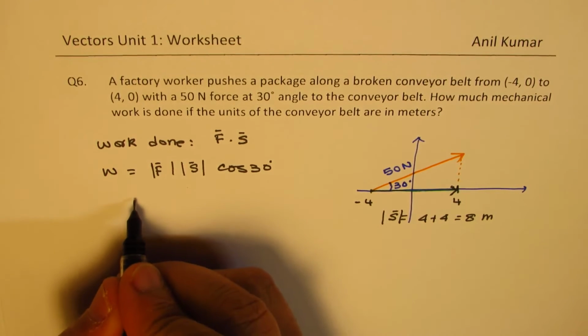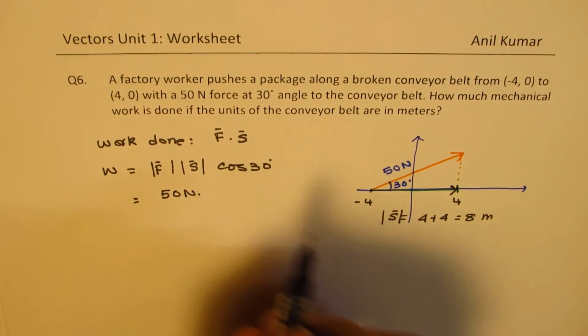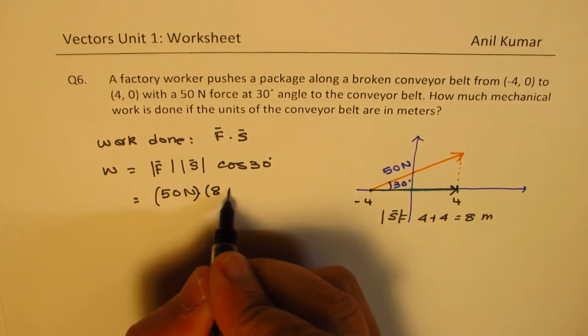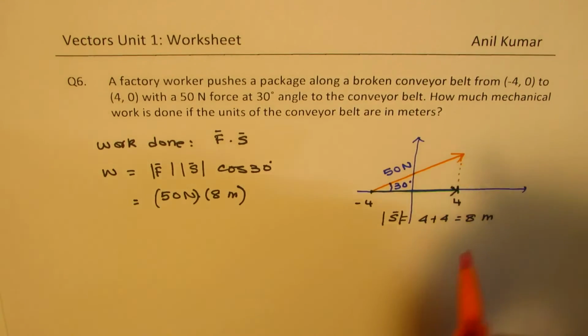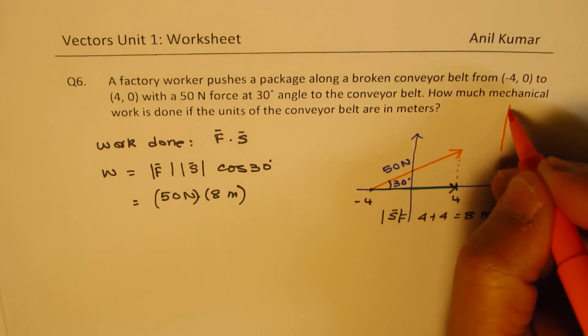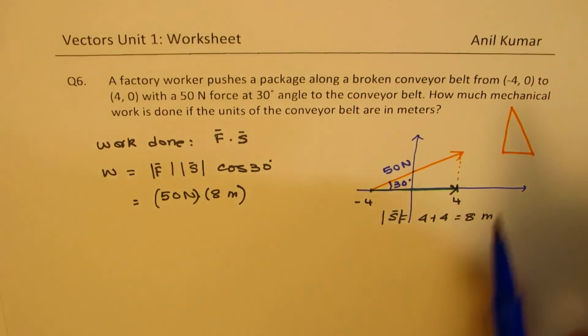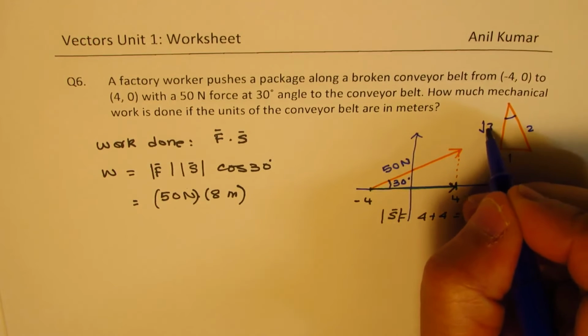So we can substitute these values. We have 50 newtons times, in brackets, 8 meters, and the value of cos 30. You can use your special triangle as we did earlier. I prefer to always make my triangle like this, in which the side here is 30, so 1, 2, square root 3.